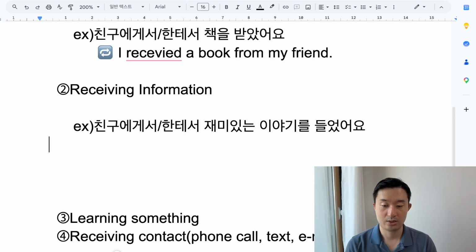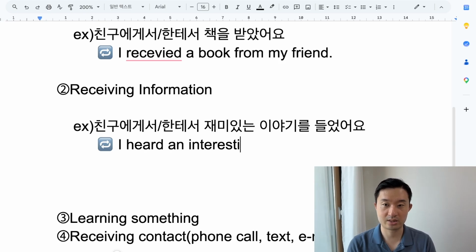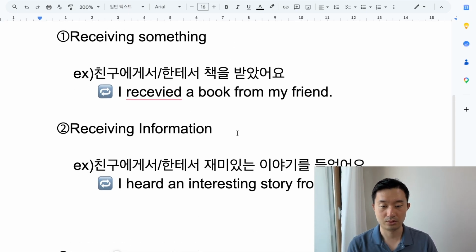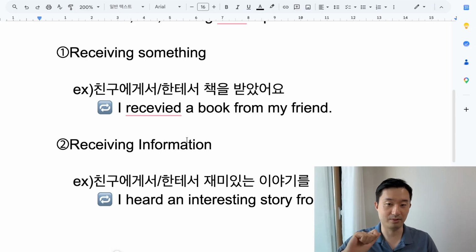So it becomes I heard an interesting story from my friend. So far, does that make sense? It just keeps mentioning from someone, right? 에게서 and 한테서.